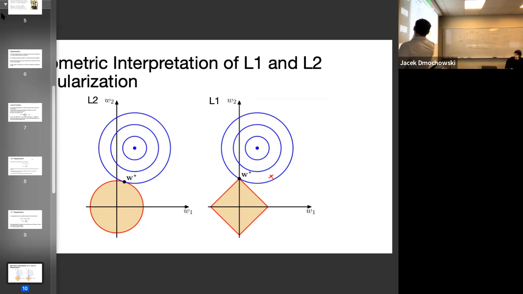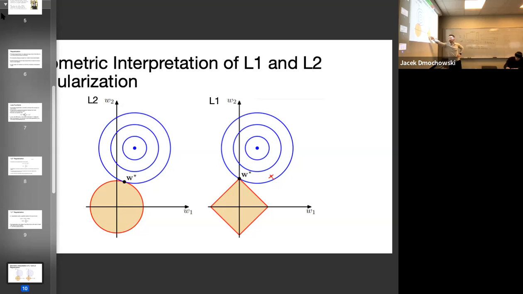So the bigger the lambda, the smaller that circle. And there's actually a strict equivalence: for every lambda, there's a corresponding radius where basically you're selecting your W's from.